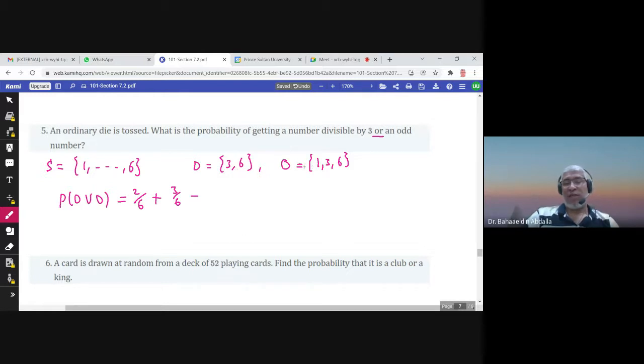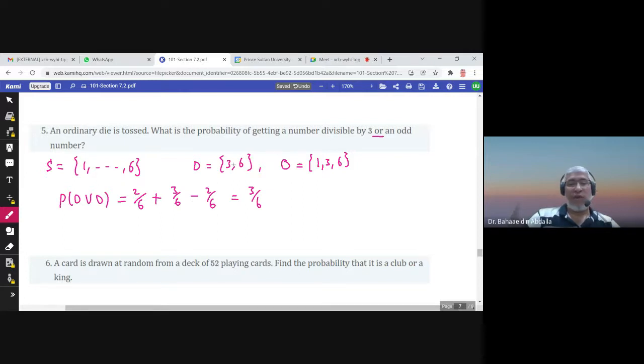Yeah, 3, 6, 3, 6. So 2 over 6. So the answer is 3 over 6. So here, these two events are not mutually exclusive.